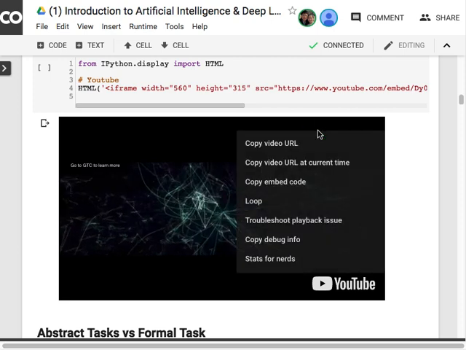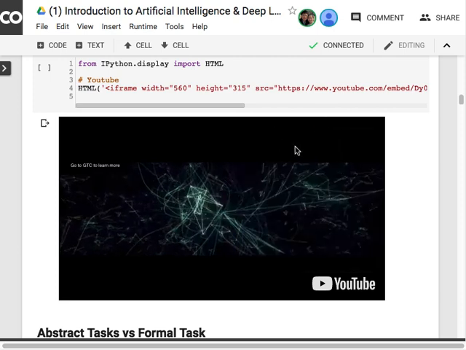I want full screen. How can I do it? Go to YouTube, it's a better way.